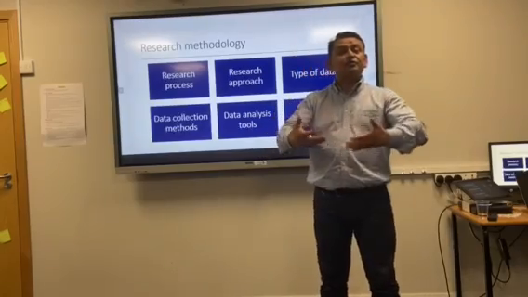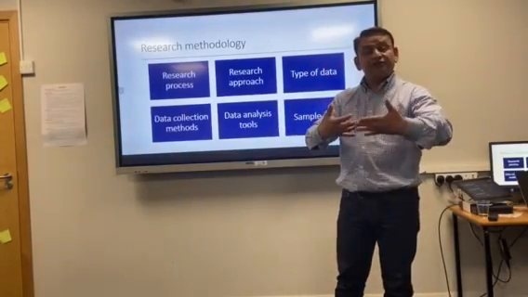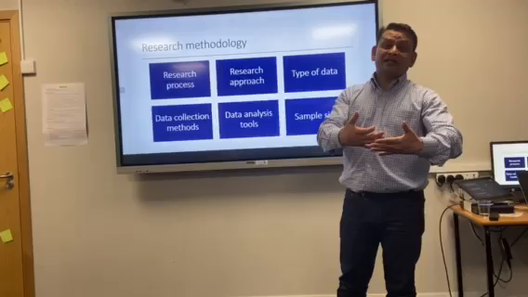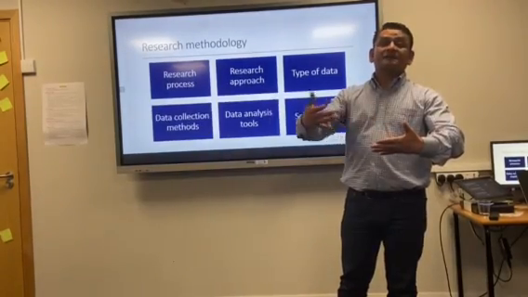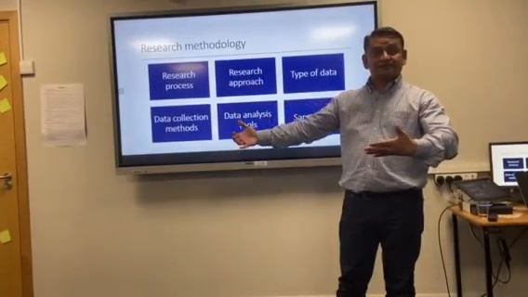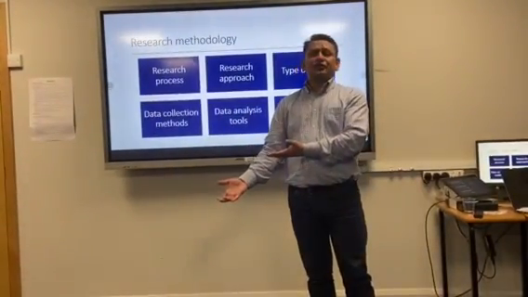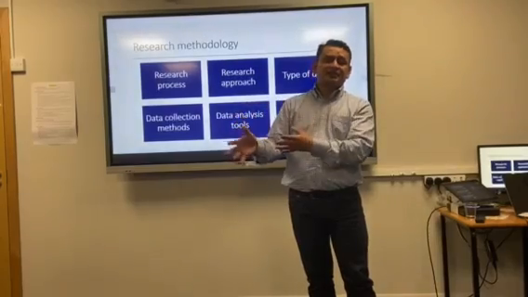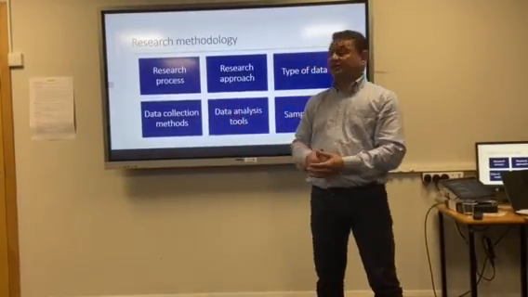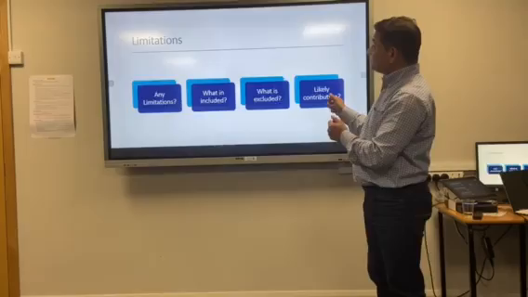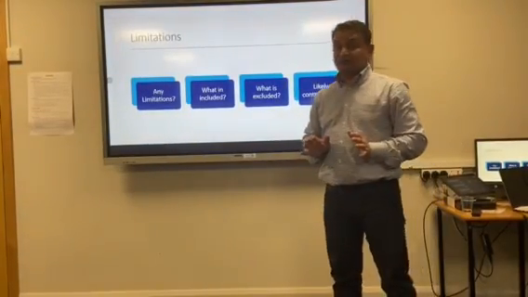So you have to justify why you think your data collection method is more appropriate as compared to the other data collection method. Similarly, if you are doing quantitative research, you have to justify what type of data and sample size you will be collecting and how you will be analyzing. Limitation. No research is without limitation.